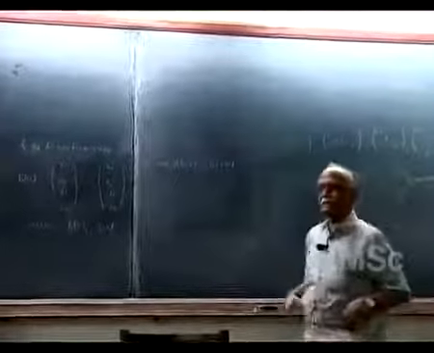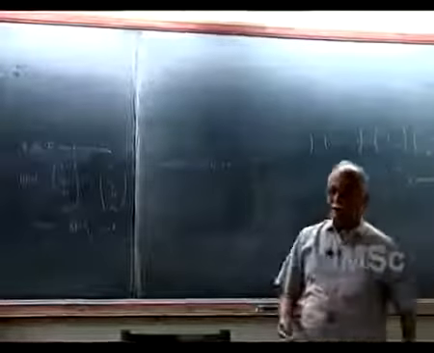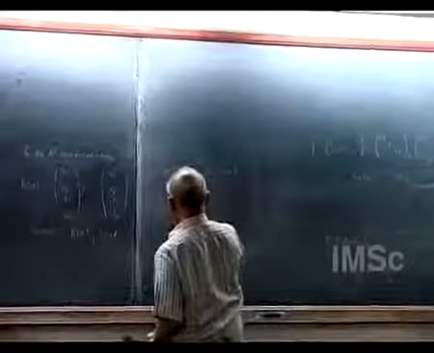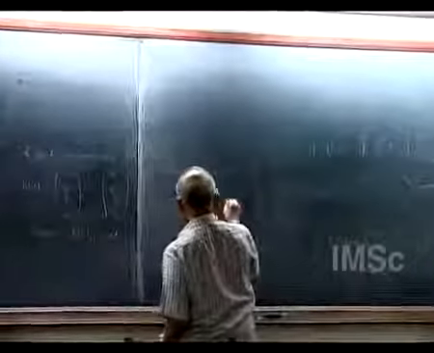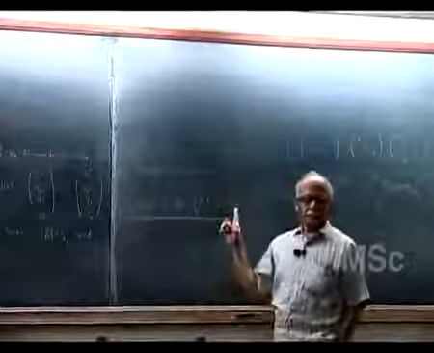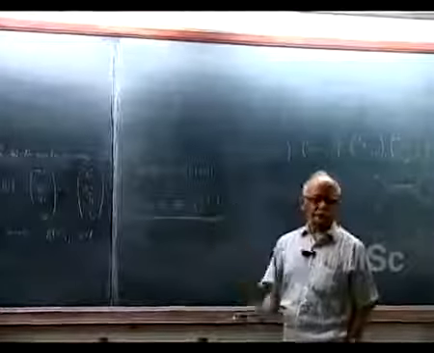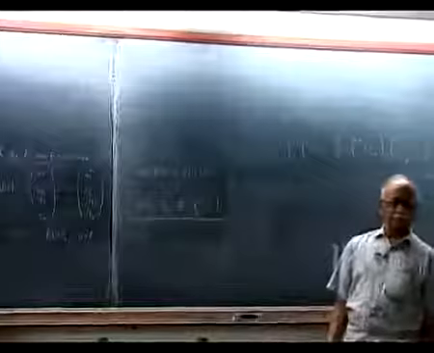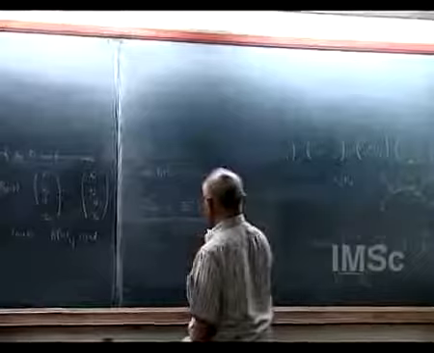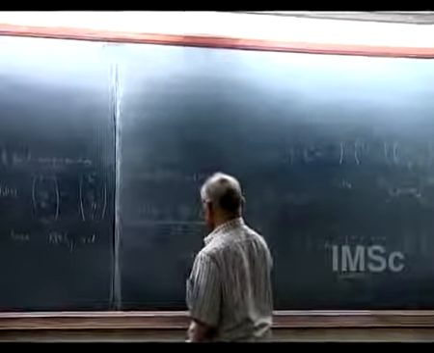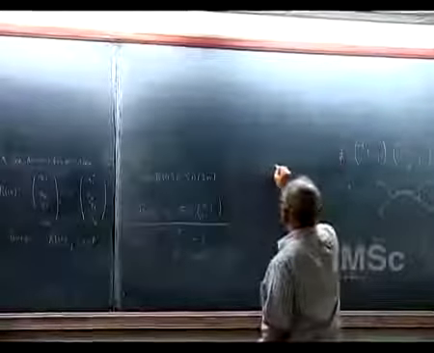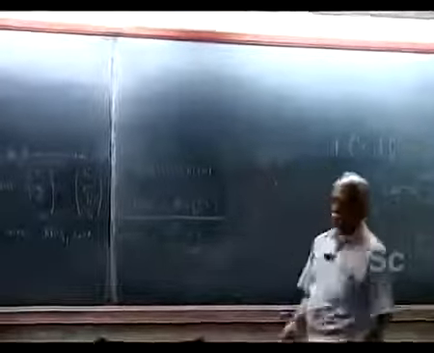Let me call it epsilon, this is our notation. You would have come across this object if you had done classical mechanics. This antisymmetric matrix: epsilon is antisymmetric, epsilon is real, and epsilon squared is -1.